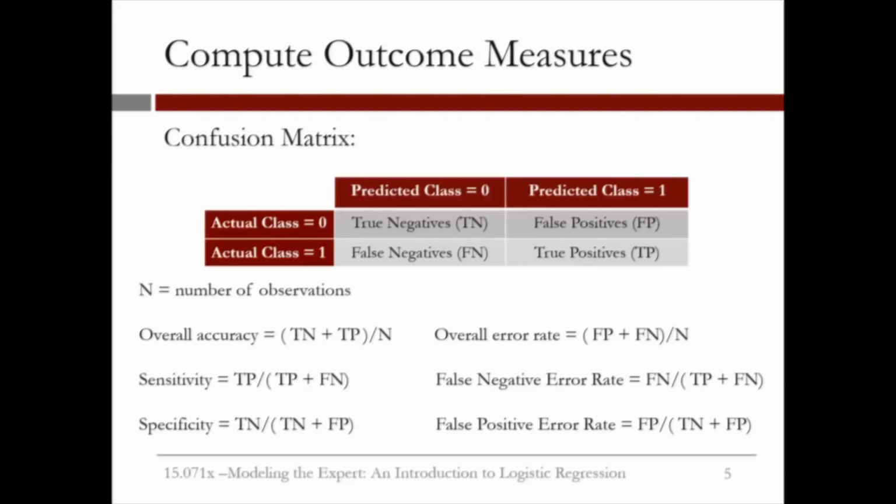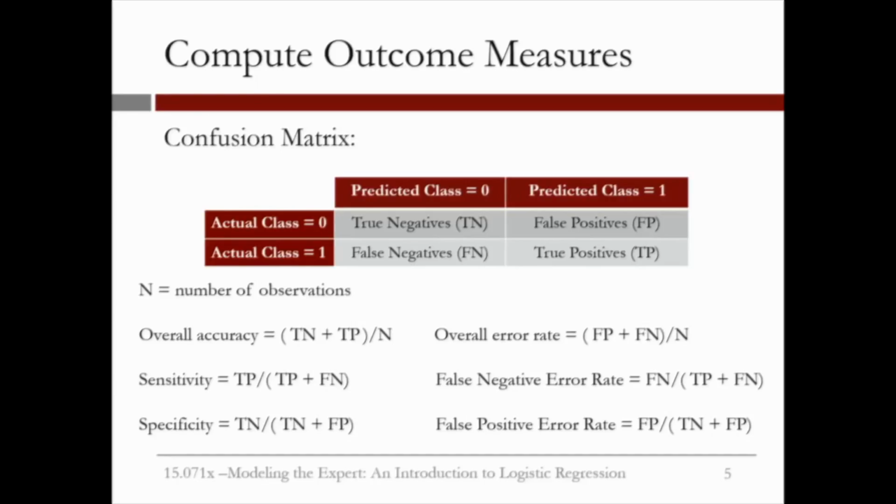Another outcome measure that is important for us to discuss is the so-called confusion matrix. The matrix here shows the formulas for the various terms we use. The actual class equals 0 means, in our example, good quality of care, and actual class equals 1 means poor quality of care, whereas predicted class equals 0 means that we predict good quality, and predicted class equals 1 means that we predict poor quality.